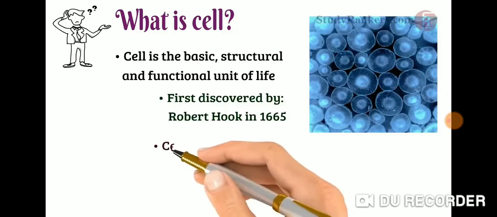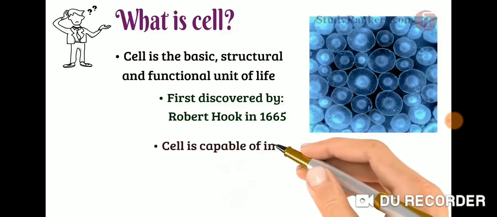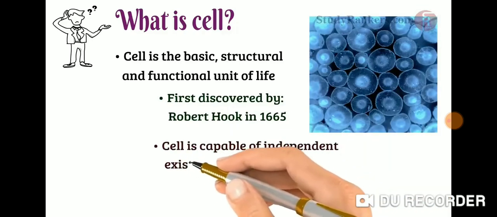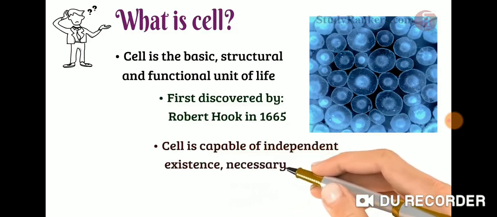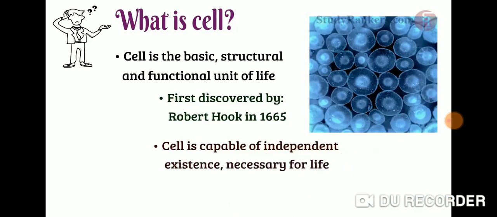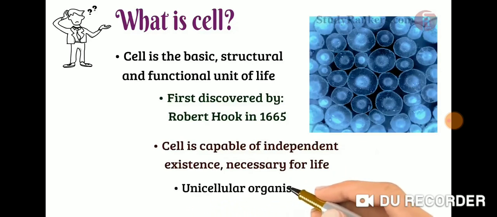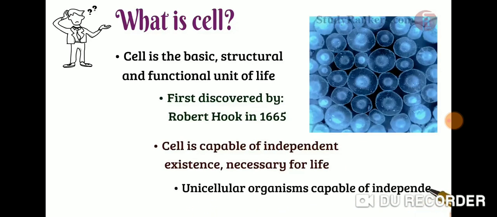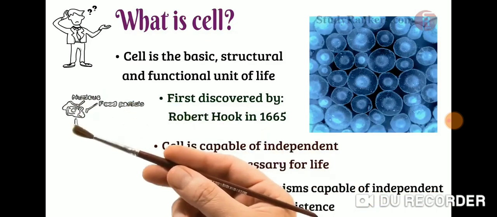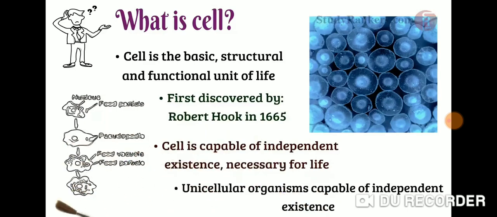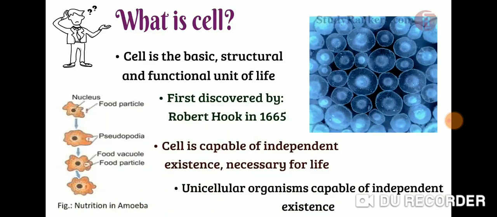It means a cell is capable of independent existence and can carry out all the functions which are necessary for a living being. Unicellular organisms are capable of independent existence, which shows a cell's capability to exist independently like an amoeba.